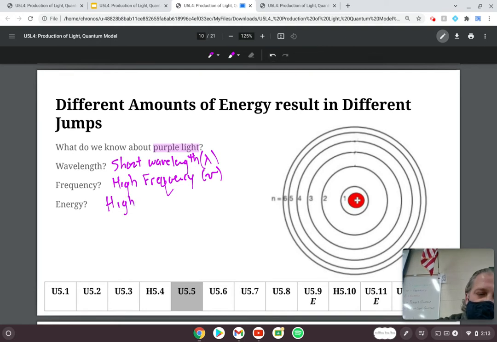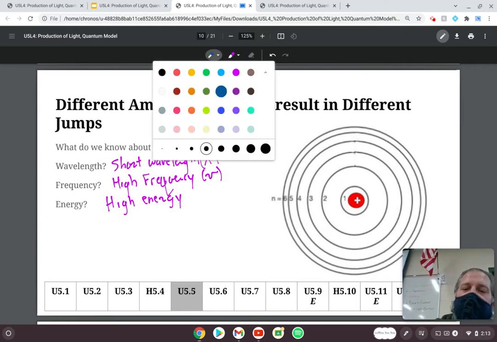So, if you were to have a purple light bulb, would it run out quicker than a white light bulb?